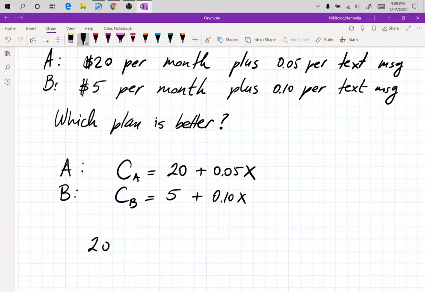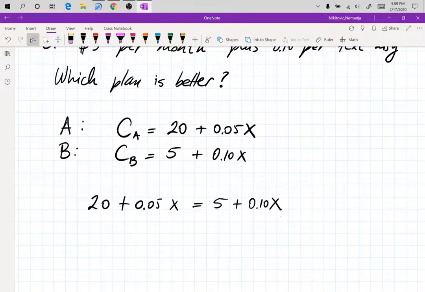So 20 plus 0.05x is equal to 5 plus 0.10x. So bring 5 over, we get 15 equals, bring 0.05x over to the other side, and you get 0.05x.